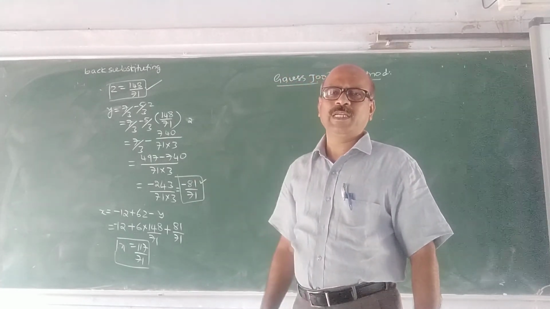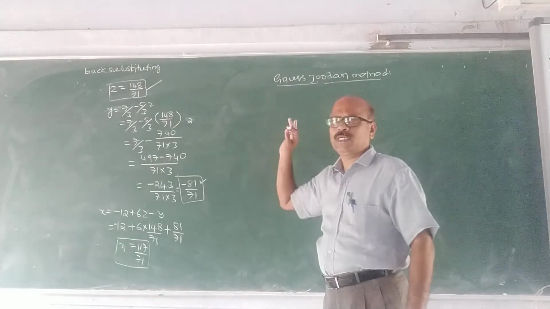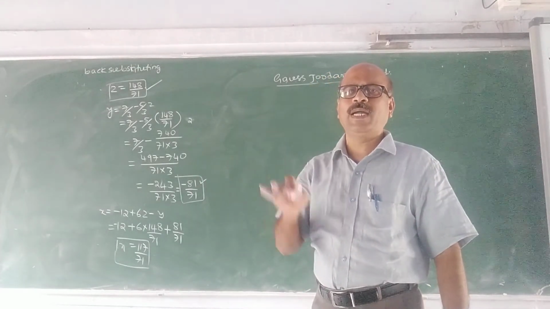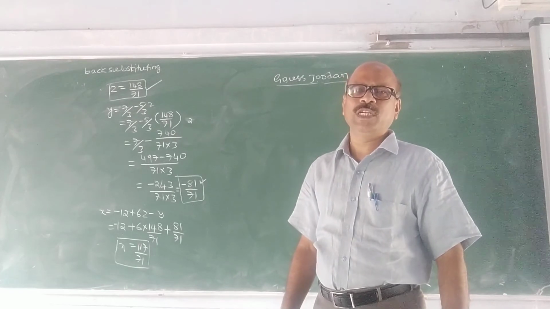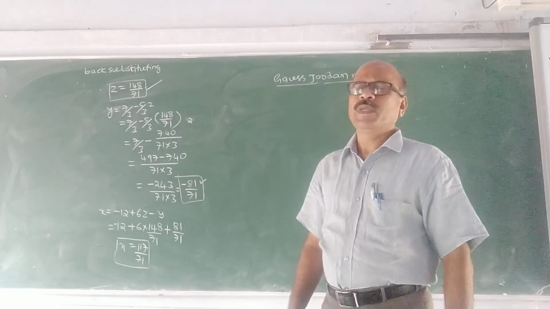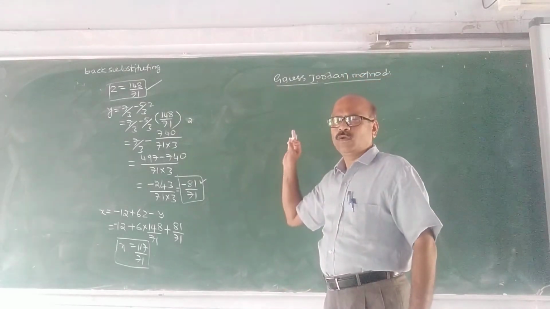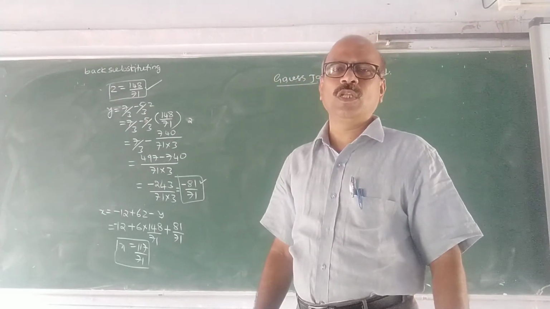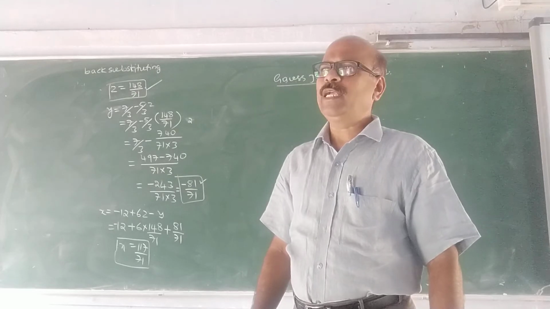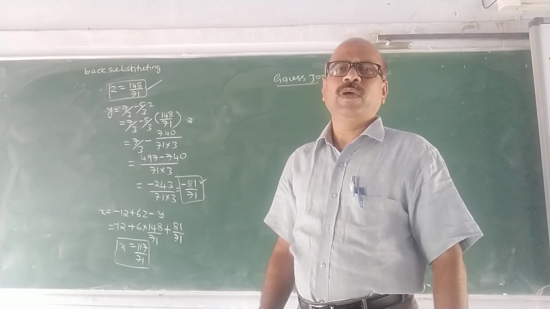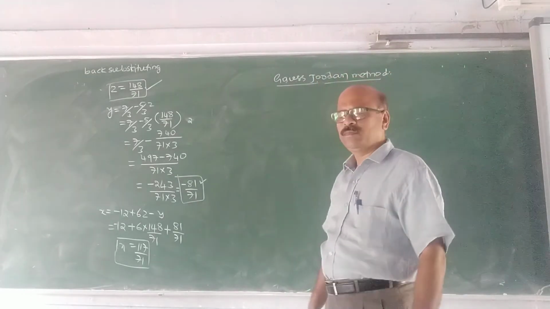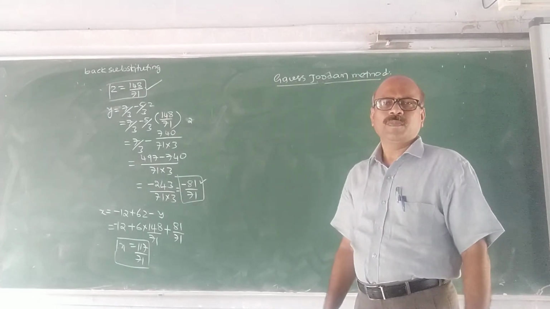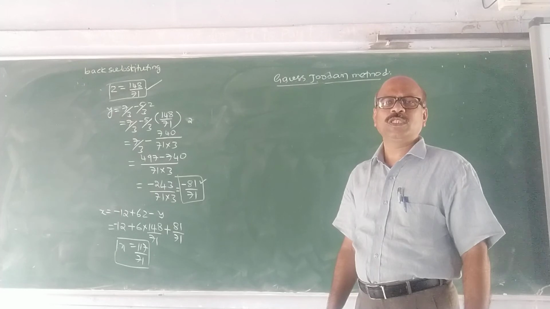You know what is augmented matrix, and in the augmented matrix, we reduce the coefficient matrix part to a unit matrix. To reduce the coefficient matrix to a unit matrix, you have to use only row operations. When you reduce the coefficient matrix to a unit matrix, you will get the values of the unknowns directly.